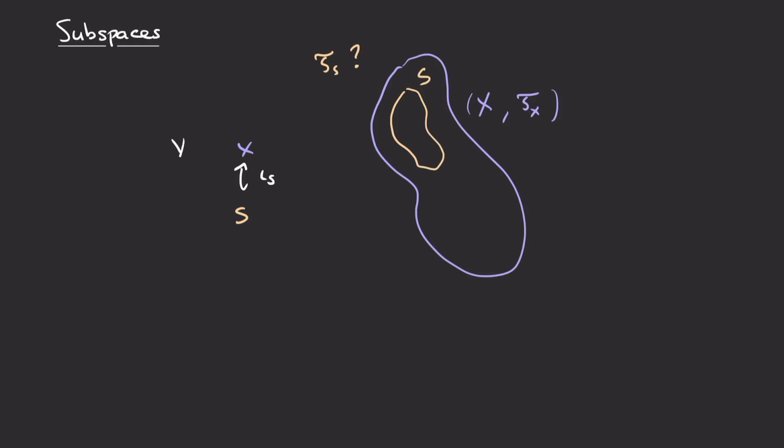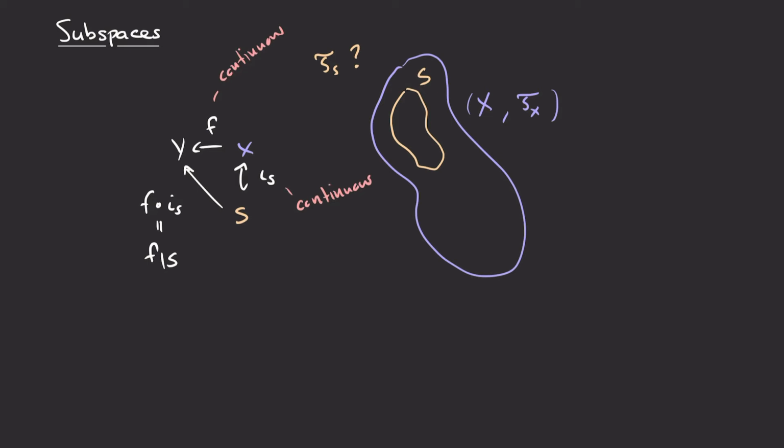For example, if we have some function going from X to Y called f, then we can compose this function f with the inclusion to get the function f after iota S, and this is just the same thing as restricting f to the subset S. Now, if X, Y, and S aren't just sets, but instead are topological spaces, and for example this f would be a continuous map, then in order to do this restricting business, we would also need iota S to be continuous.